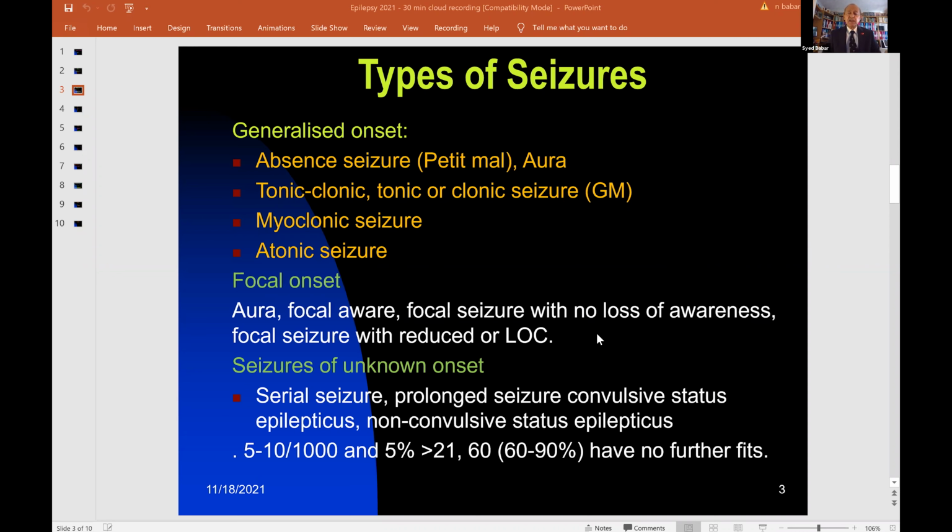It can be the typical tonic-clonic type of seizure, or it could just be tonic, or it could be clonic in nature. So this kind of seizure is generally known as grand mal, and it's the one that mainly this presentation is based on. And when an unqualified mention of epilepsy is made, that is what is understood by epilepsy.